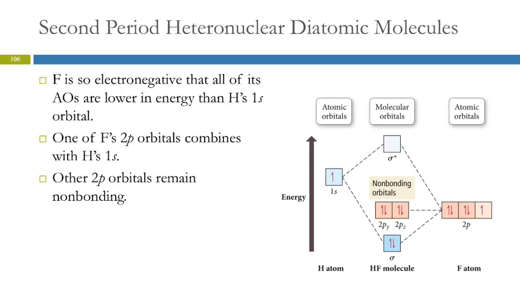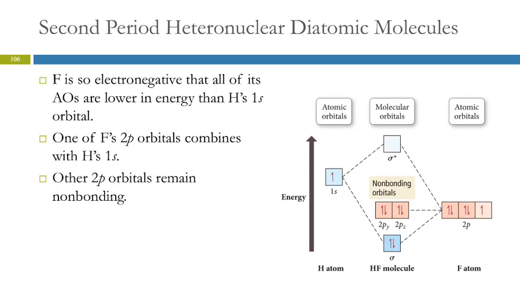If we look at something like HF, this is a weird one because fluorine is so electronegative that all of its atomic orbitals are lower in energy than hydrogen's 1s. So here we're looking at fluorine's 2p orbitals. In fluorine's electron configuration, there's 1s2 and 2s2, and then 2p5.